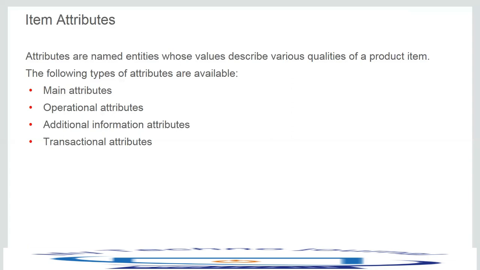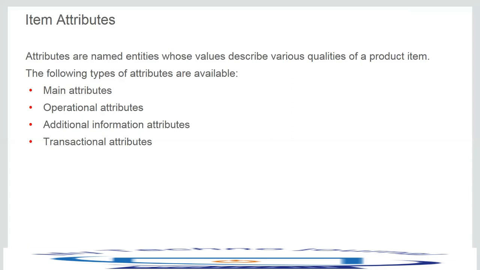And from purchasing point of view, negotiation required is one of the operational attributes. And from the receiving point of view, whether we want to allow substitute receipts is one of the operational attributes. So these are the examples of the operational attributes with respect to each Fusion application.